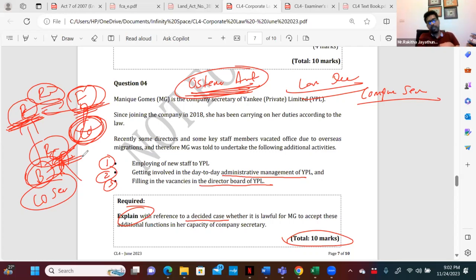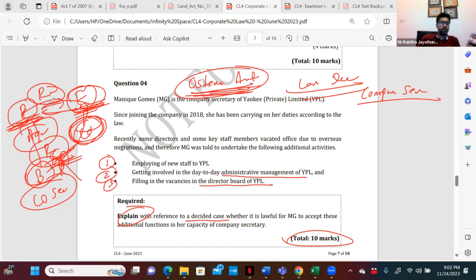So Lord Denning, delivering the judgment, said the secretary is not a mere peon or clerical officer of the company. He's holding a higher position. Therefore, he has the authority to enter into this contract. Hence, he has acted as an agent of the company.